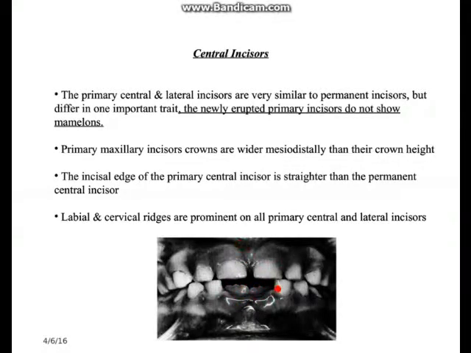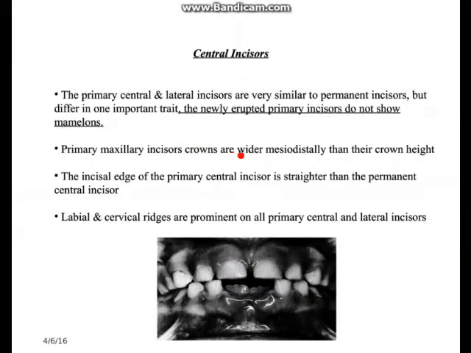So that's one huge difference that you need to keep in mind. That's one way to differentiate between primary and permanent teeth, especially when you can't tell the difference because the sizes are small or that person has small teeth in general. This is a good way to differentiate between them.